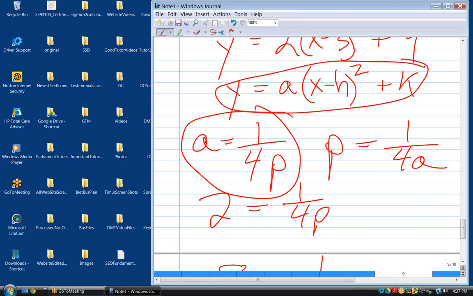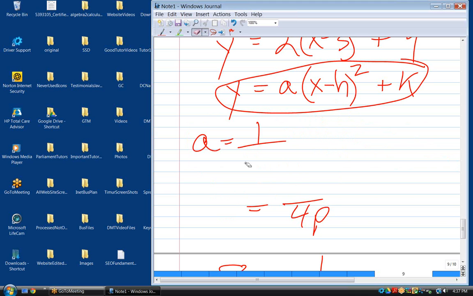You don't have to go to the 4py format. And incidentally, when you do go to that other format, the 4p always goes in front of the variable that is only being taken to the 1 power. In other words, it goes in front of the y if it's y equals x squared, and in front of the x if it's x equals y squared.